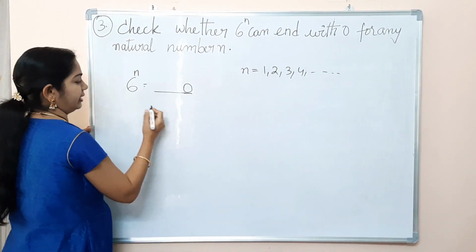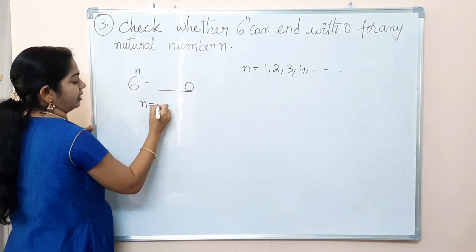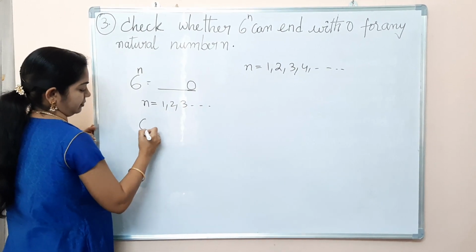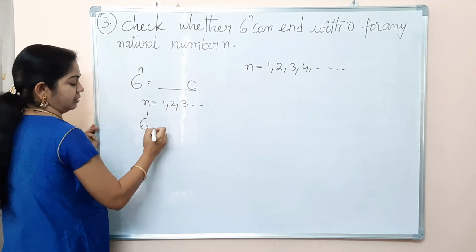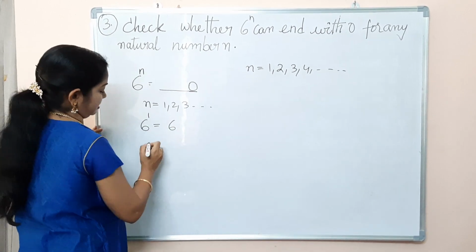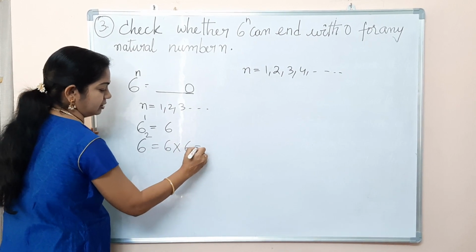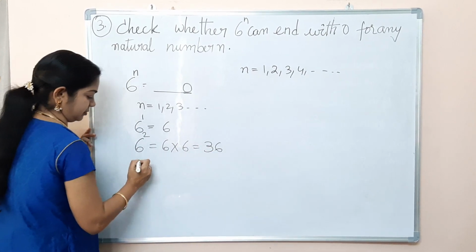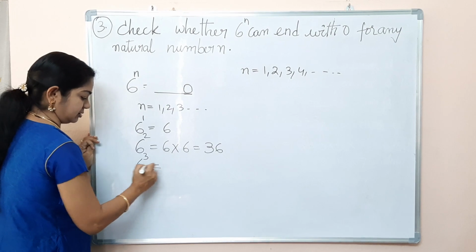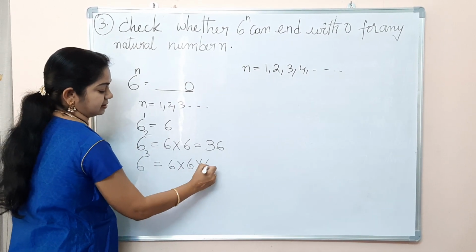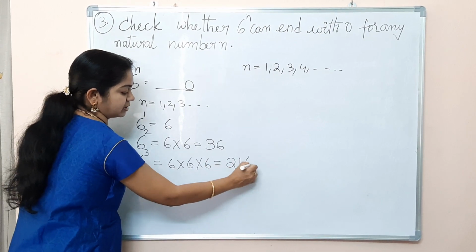Let me take n values 1, 2, 3, and so on. I'll substitute the n value. n is equal to 1: 6 to the power of 1 is 6. n value 2: 6 into 6 is 36. Now n value 3: 6 raised to the power 3, 6, 6, 6, so it comes to 216.